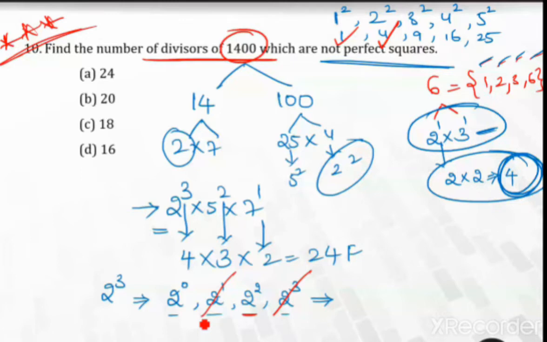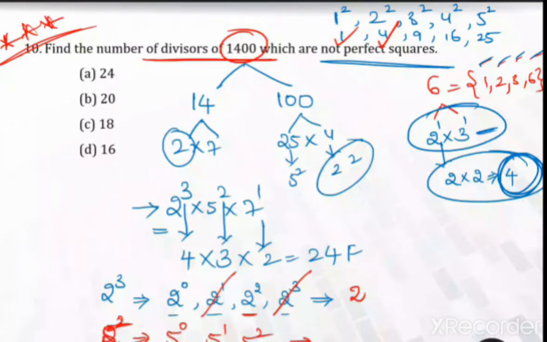Now similarly, 5 square. It is including 5 power 0, 5 power 1, 5 square. Correct. Now 5 power 1, 5 power 0. What is 5 power 0?